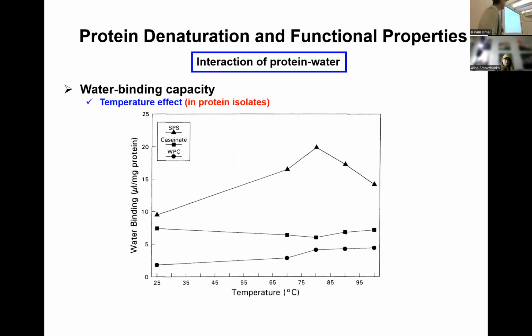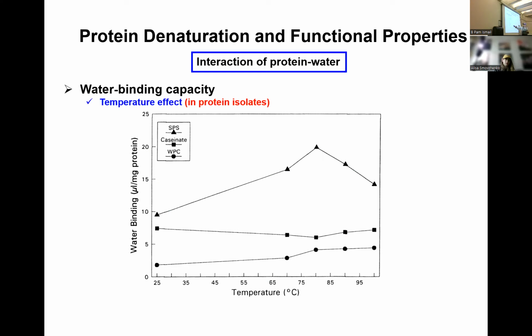So this is just examples I pulled from different research papers. This should be SPI, I don't know, it's a typo. But you see that when you increase temperature to a certain extent, you're getting more water binding, and then you reach the plateau, and then you start seeing polymerization, and that would reduce the amount of binding.